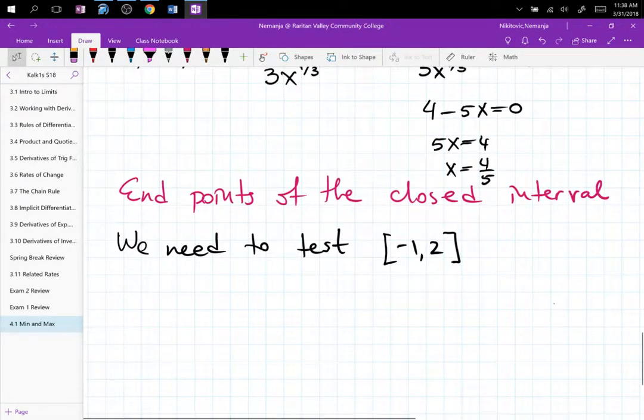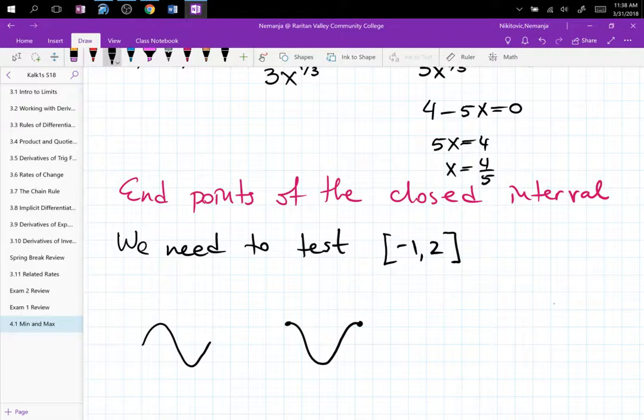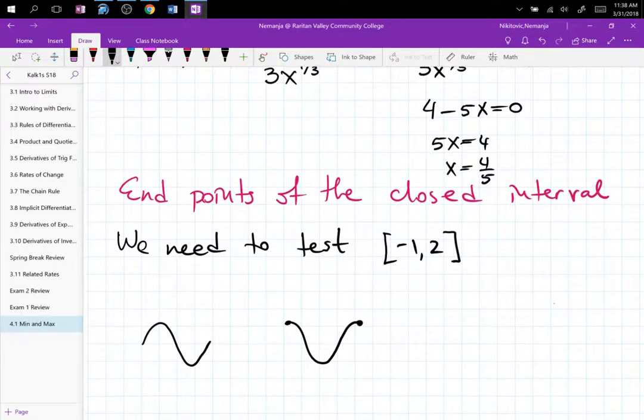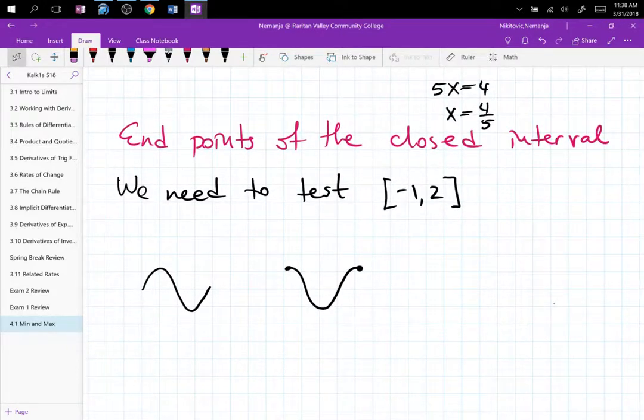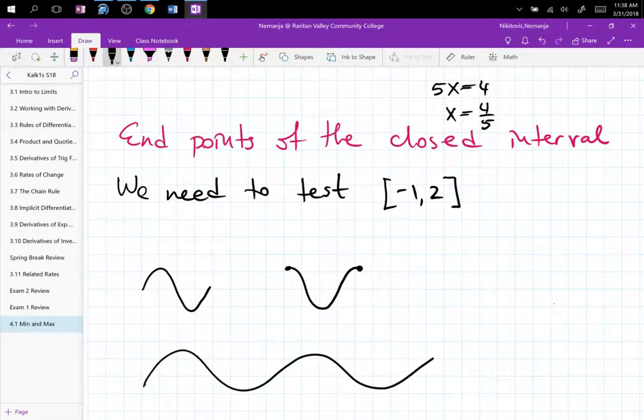But let me just draw, when you have a closed interval, right? You have your sine looking like this, you have your cosine looking like this. If you do not have a closed interval, right? Restricted domain, whatever you want to call it, this wave would go forever.